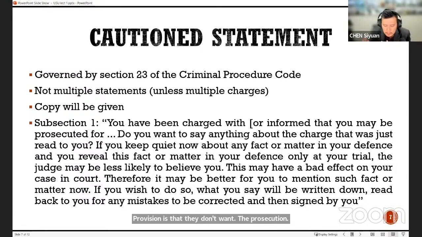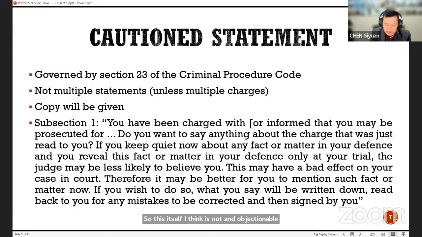My counter to that is that if indeed the principle is the prosecution shouldn't be caught by surprise, then shouldn't that principle also apply to accused persons, in that the accused should also not be caught by surprise? And if that is the case, then why is it that the disclosure regime is a bit more in favor of not disclosing?